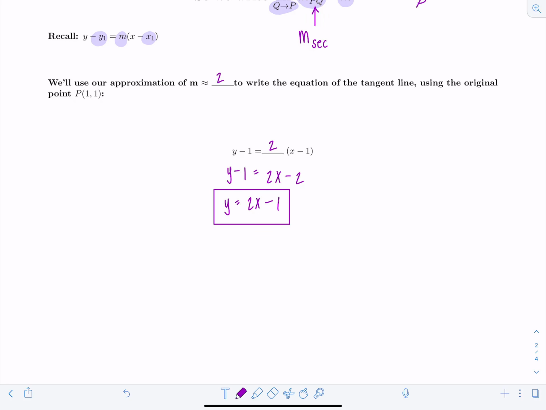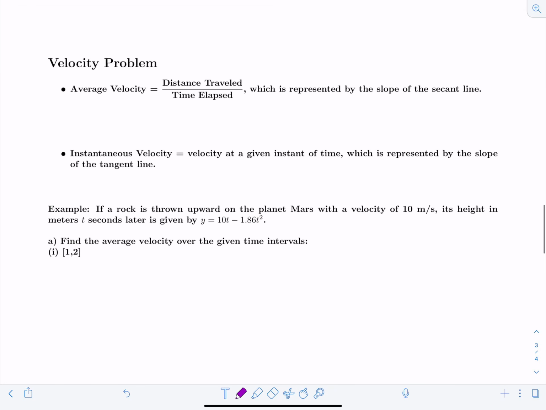Now, the other problem that we mentioned was the velocity problem. There are two kinds of velocity that we're going to study at this moment. There's average velocity, which you compute by finding the distance traveled divided by the time elapsed, the change in position divided by the change in time.